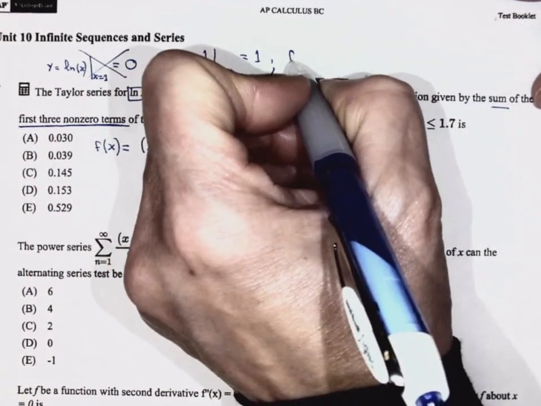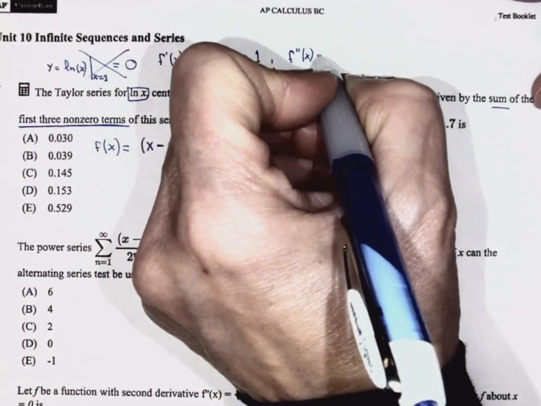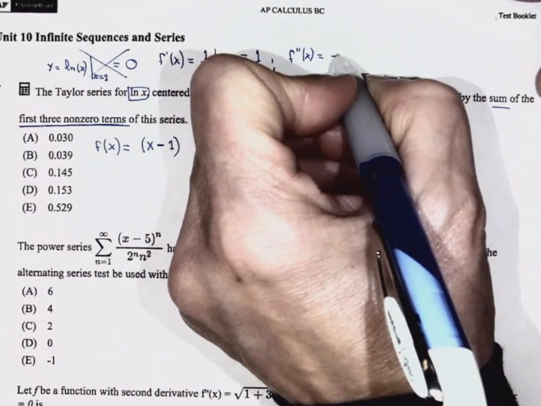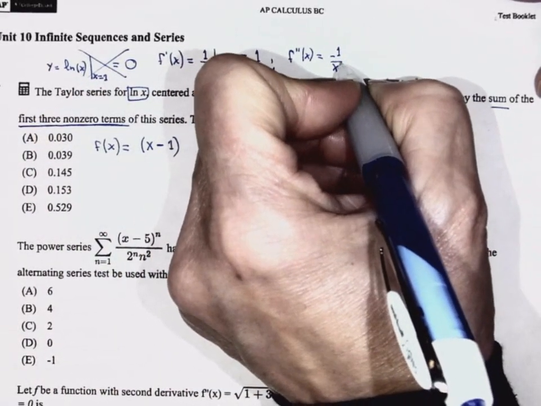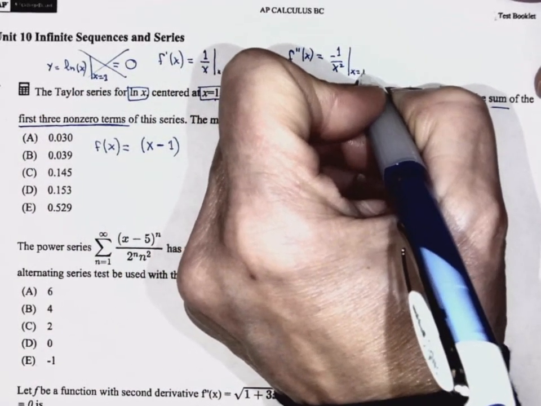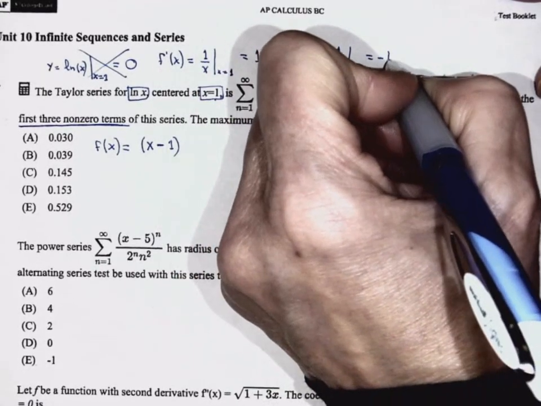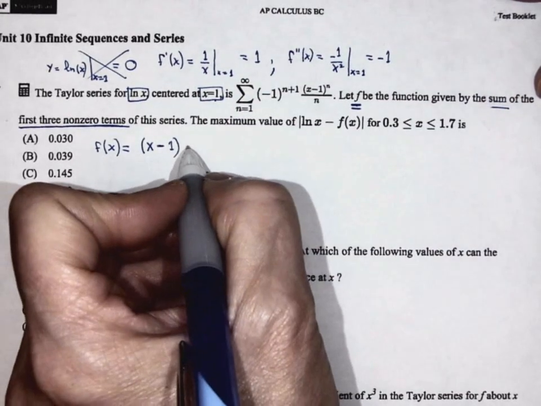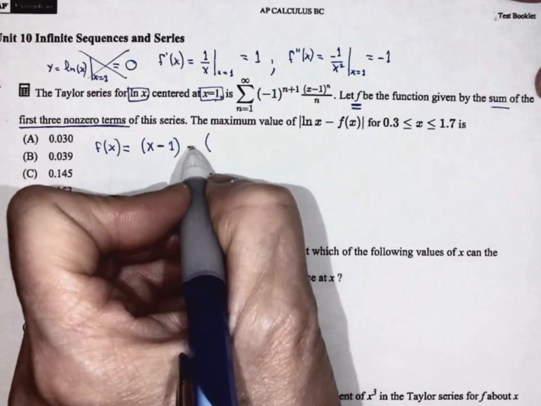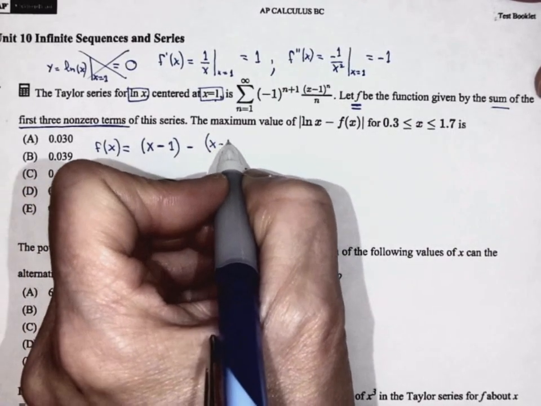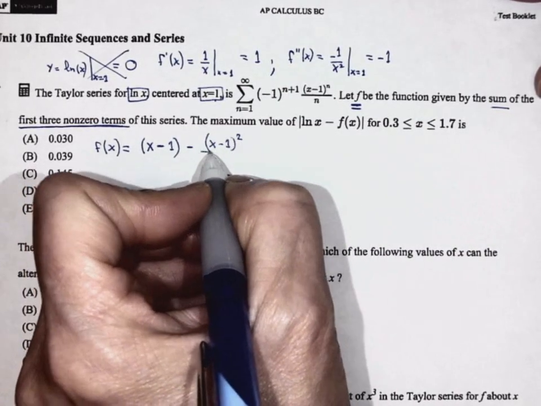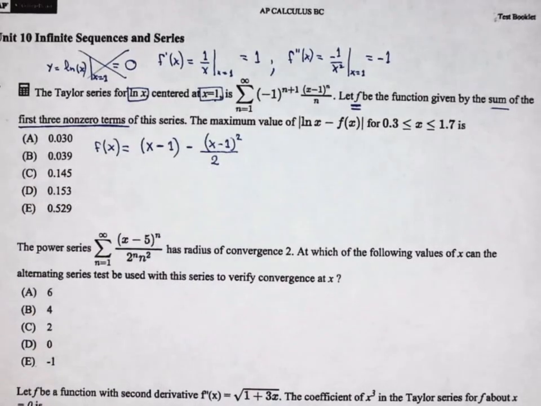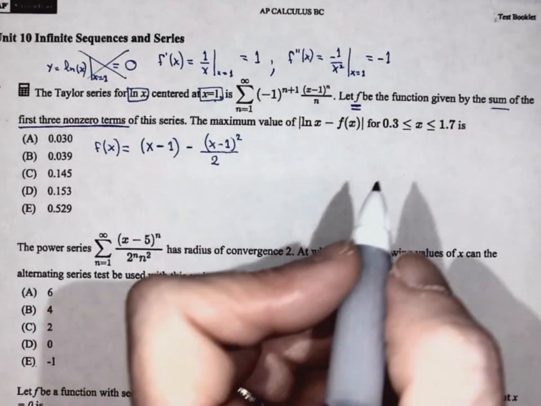Second derivative: the derivative of 1 over x is negative 1 over x squared, and evaluating at x equals 1, that will be negative 1. So it will be negative 1 times (x minus 1) squared over 2 factorial, which is just 2, so I'm going to leave it like that.